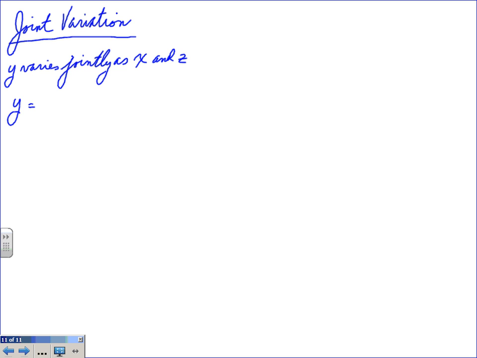I'm going to have my k. We have either inverse variation, direct variation, joint variation, you're going to have a constant. So y varies jointly as x and z. So it's x times z.